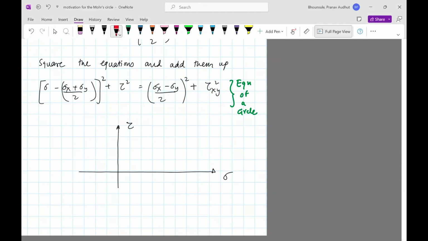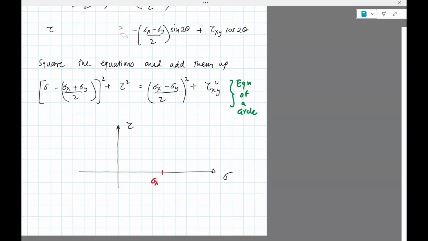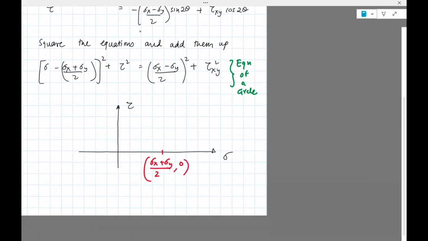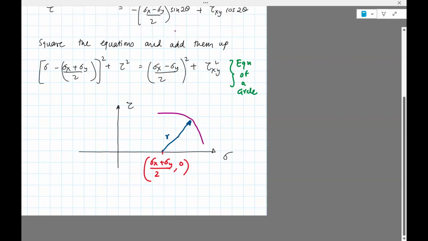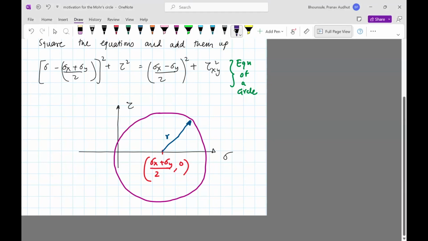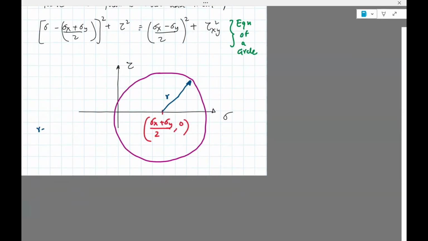Then the center of the circle is (sigma x plus sigma y divided by 2, 0), and the radius of this circle is the square root of (sigma x minus sigma y divided by 2) squared plus tau xy squared.